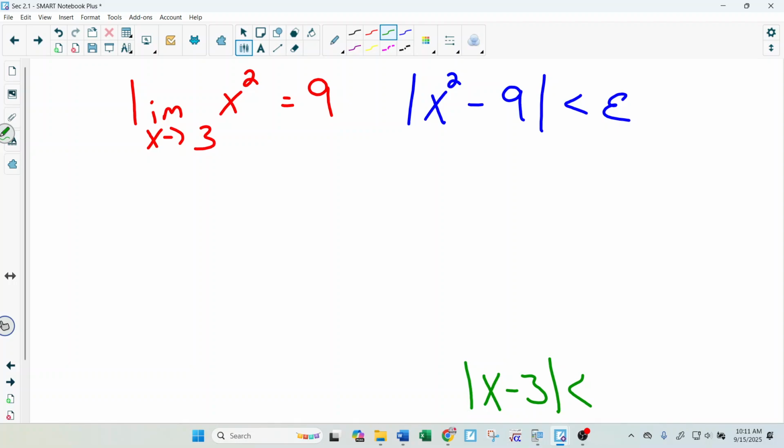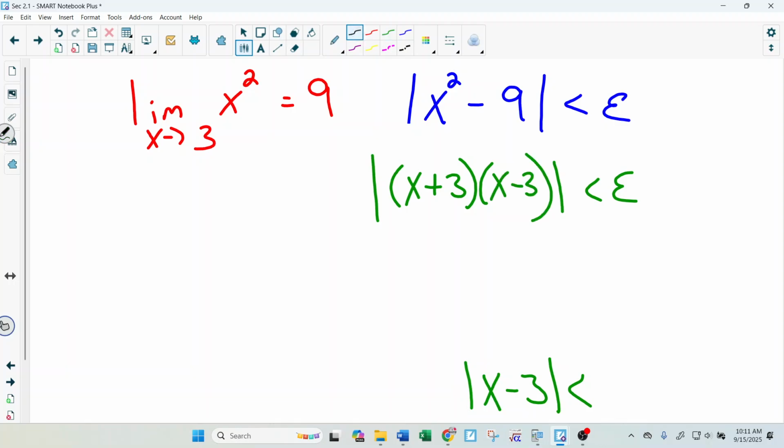So what can we do? Well, x squared minus 9, I can factor into x plus 3 times x minus 3. And we're trying to get to that x minus 3, so what can we do with this part here? That's what we want to talk about, right?